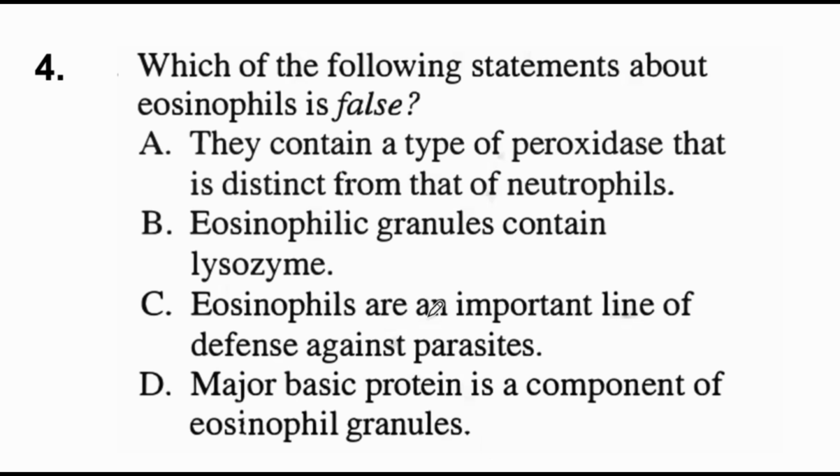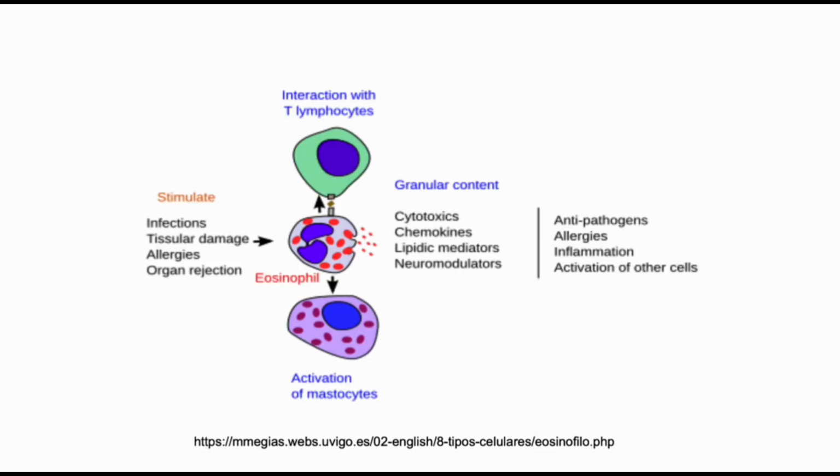Here we have to find the false statement, a question about eosinophils. This requires you to know the specificity of the cell type. You can see it's stimulated by infections and allergies. Its granular content, which includes cytotoxic proteins and chemokines, is released to fight pathogens and participate in inflammatory and allergic responses.